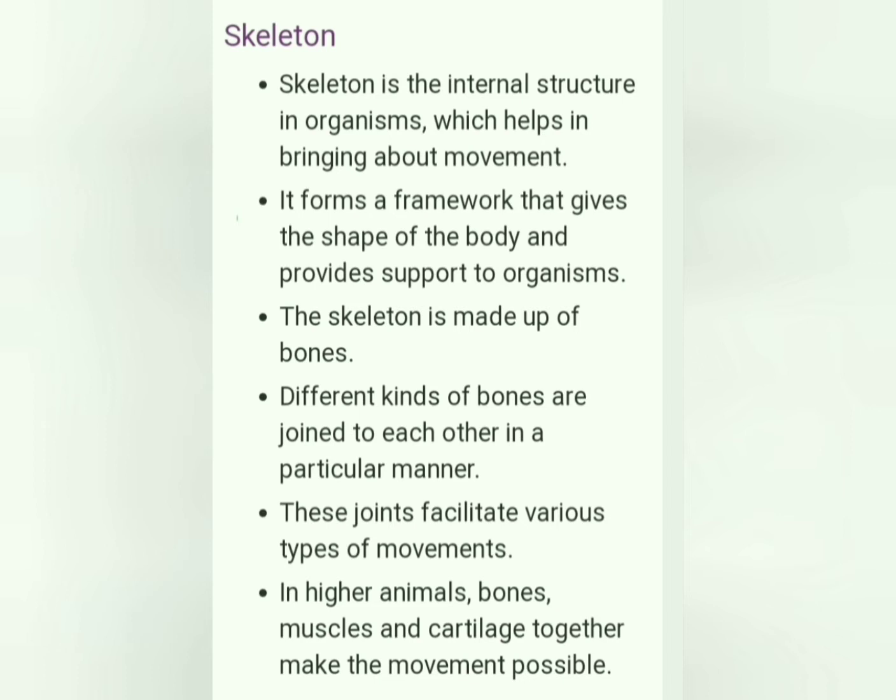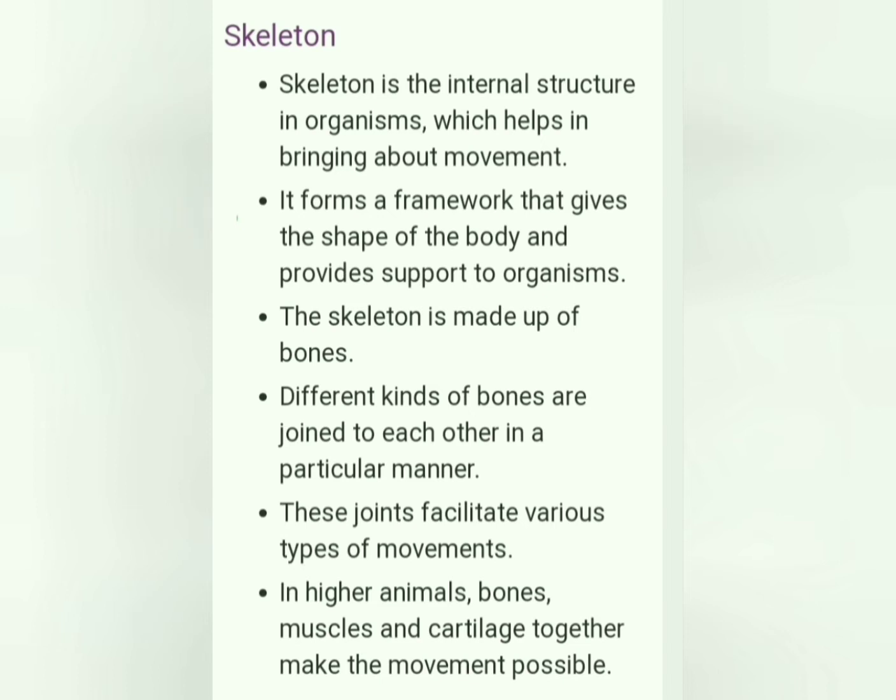Next point, different kinds of bones are joined to each other in a particular manner. We already learnt about joints and bones. All the different bones and joints together form a skeleton. These joints facilitate various types of movements. We know that joints help to move our body.